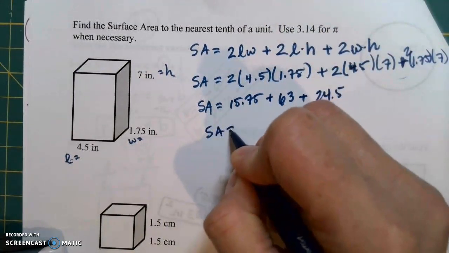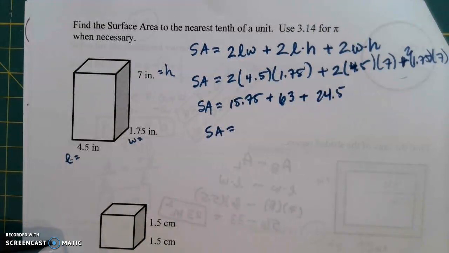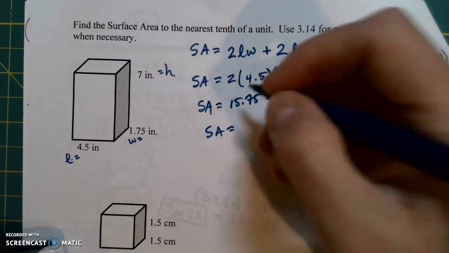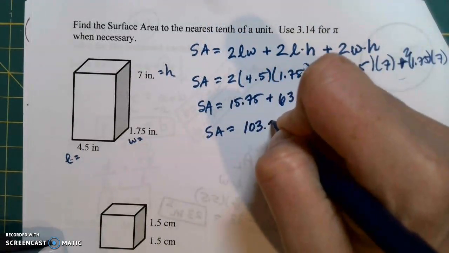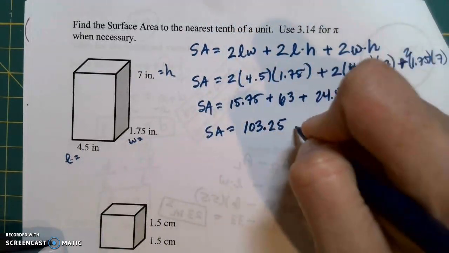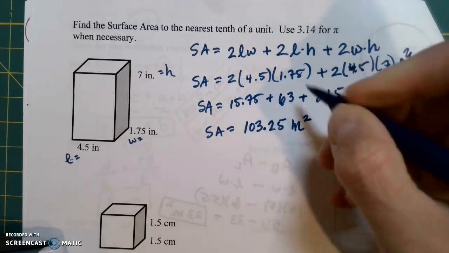All right, so those add up to that. So all together, I have 103.25, and that is inches squared.